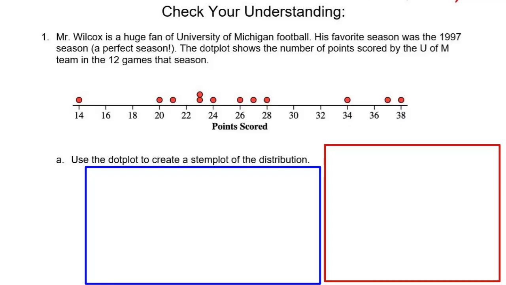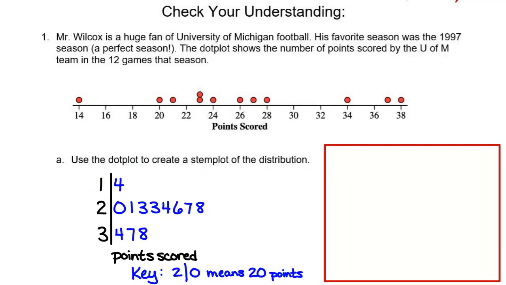All right, let's look at your stem plot. The stem plot should look something like this. Please make sure that in addition to having your numbers, it's okay on your stem plot to start where the data starts and to stop where the data stops. What you can't do, though, is skip any numbers in between those.